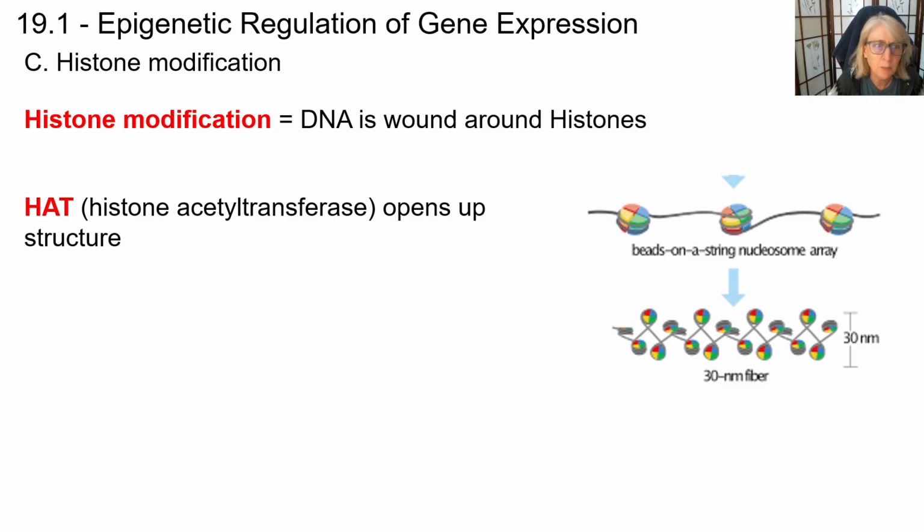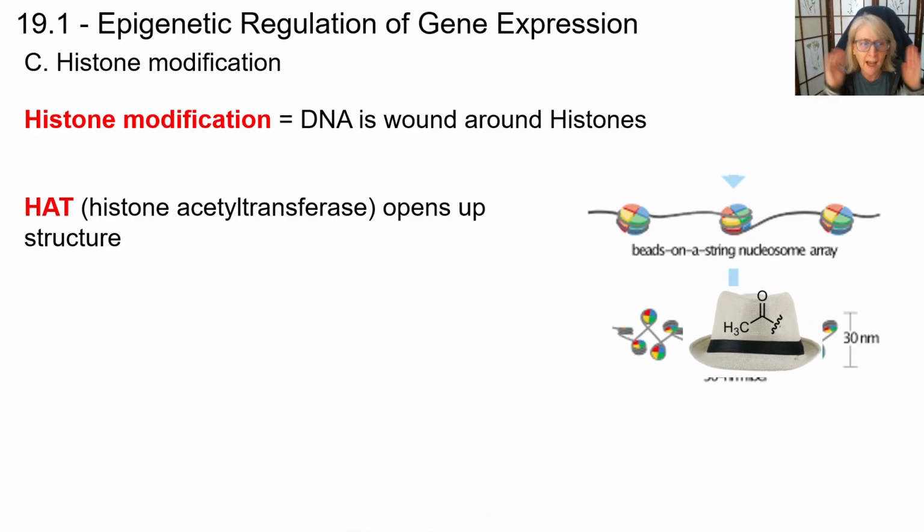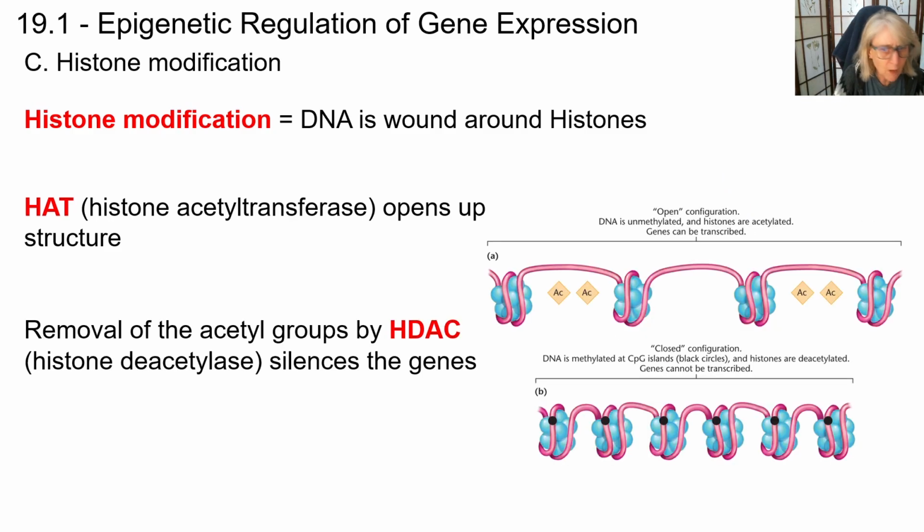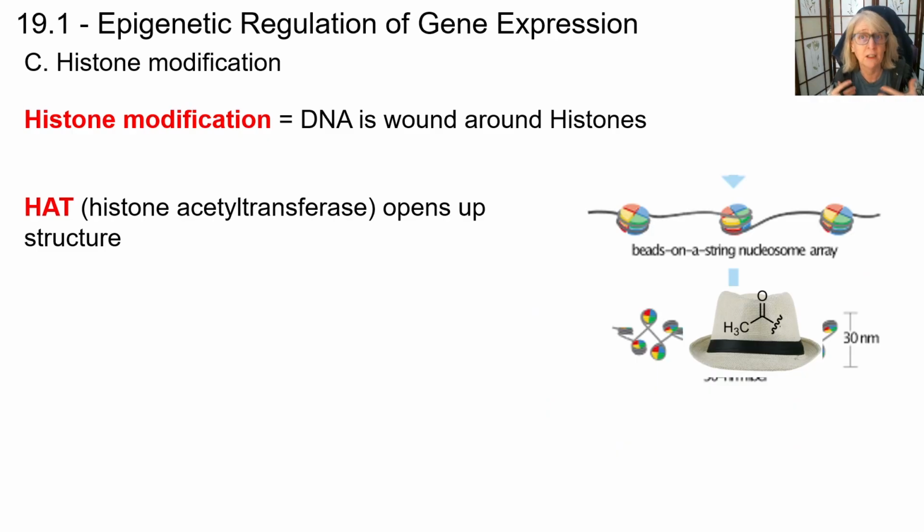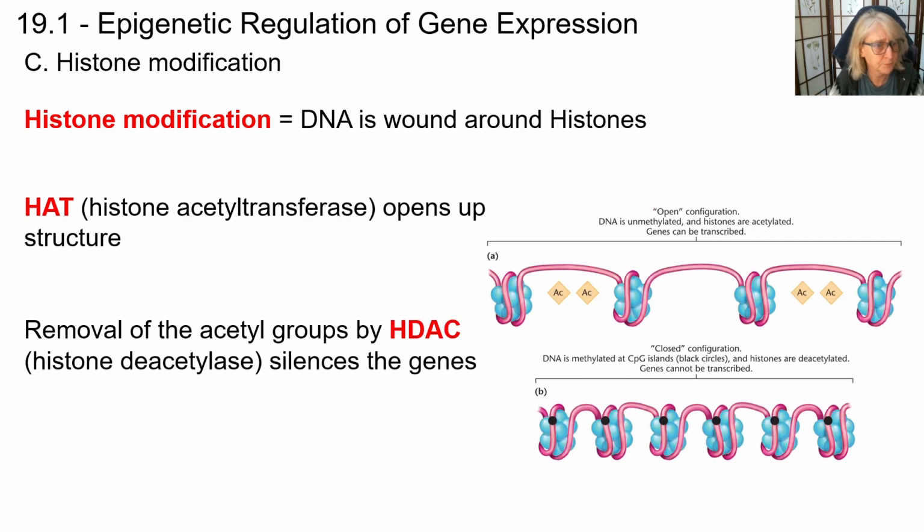We talked about a couple weeks ago, maybe 2 weeks ago, that HAT, histone acetyltransferase, opens up the structure. We add an acetyl group to my histones, and that causes it to relax. When that happens, my DNA in between and around my histones becomes more accessible to transcription.